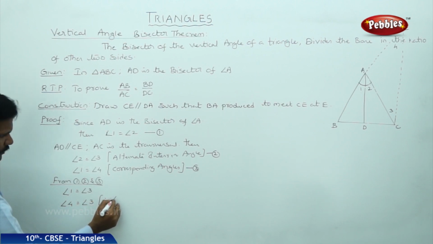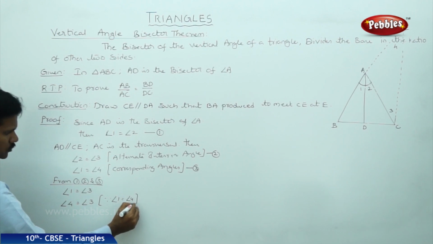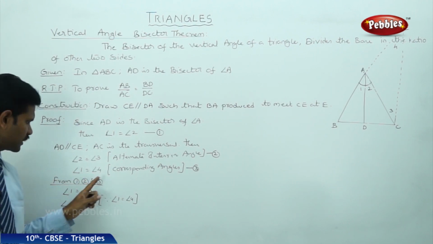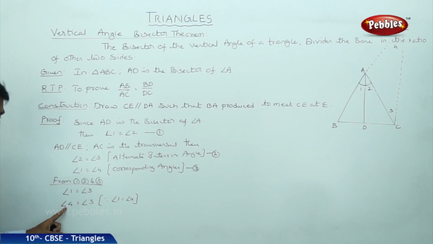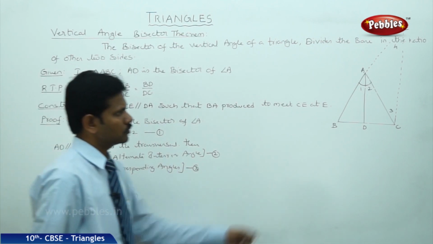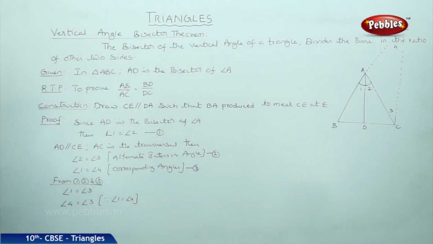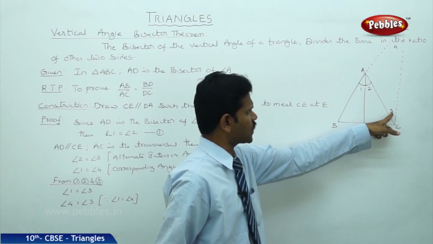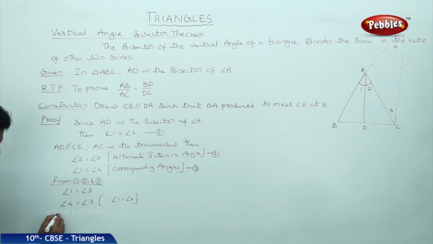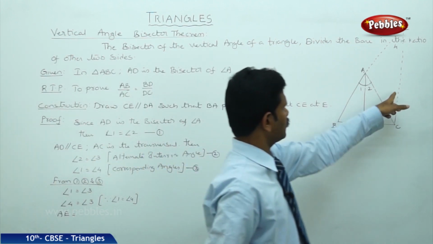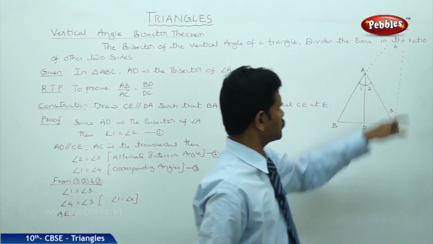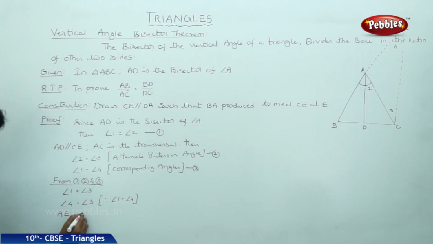Now angle 3 and angle 4 are equal, that is, the side opposite to angle 3 is AE and the side opposite to angle 4 is AC. AE is equal to AC.